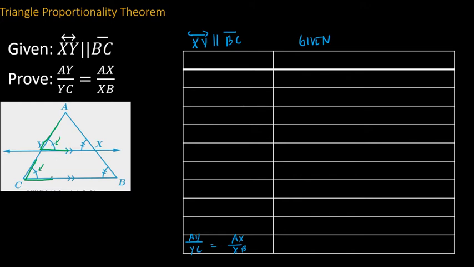So angle Y and angle C, I'm going to claim that angle Y and angle C are corresponding angles. And I'm writing this shorthand for space and time. When you do this on your end, please write out the full statement and full reason.